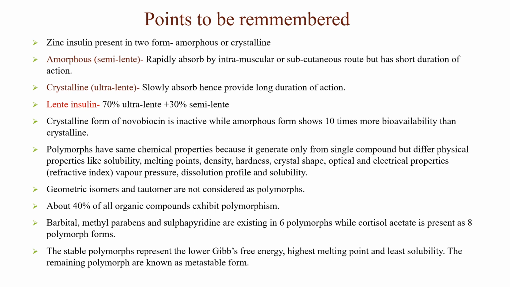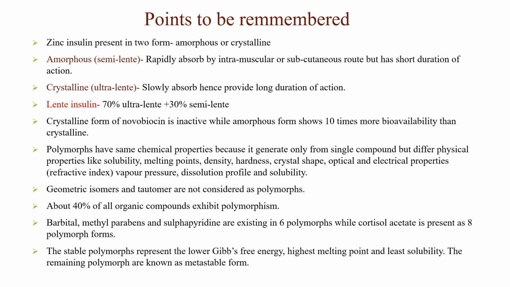Next, polymorphs have the same chemical properties because they generate only one single compound, but differ in physical properties like solubility, melting points, density, hardness, crystal shape, optical and electrical properties, vapor pressure, and dissolution profile. It is an important point, not an example. Geometric isomers and tautomers are not considered as polymorphs.